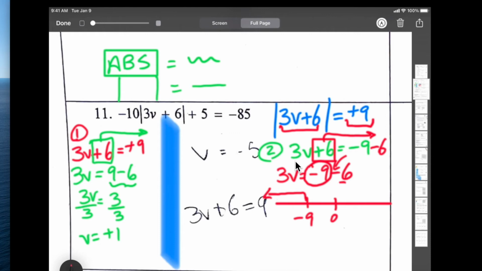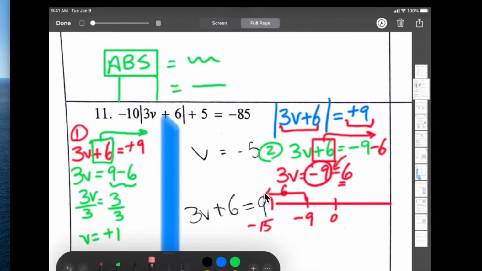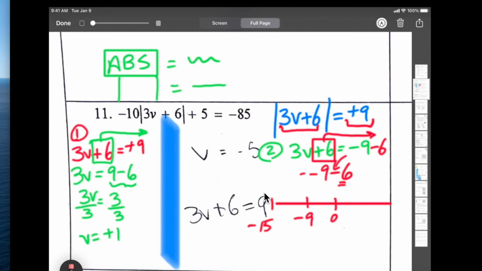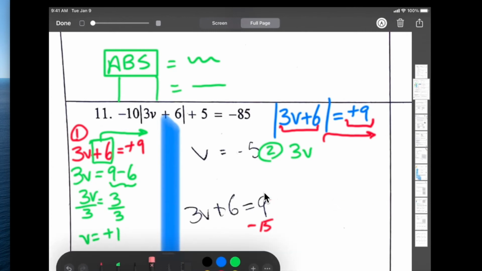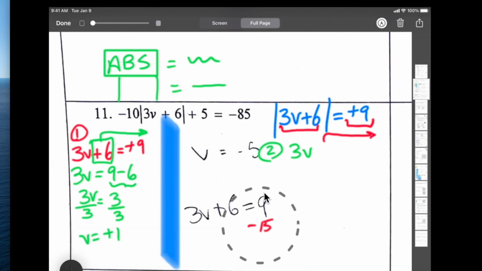How far left? 6 units. So if we start at negative 9 and go 6 units to the left, we're going to be at negative 15. So on this side, we're going to have 3v. Let's clean this up. I'm going to take away everything but the negative 15. Okay. 3v equals negative 15.